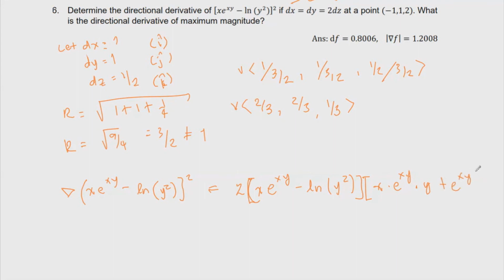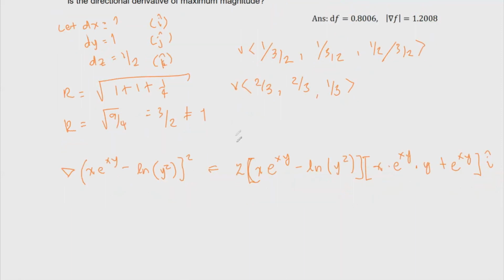And I think we have to close this because ln y squared doesn't have any x value in that x expression. So we have i hat in this case, or you can also use dx, but I prefer this i hat.